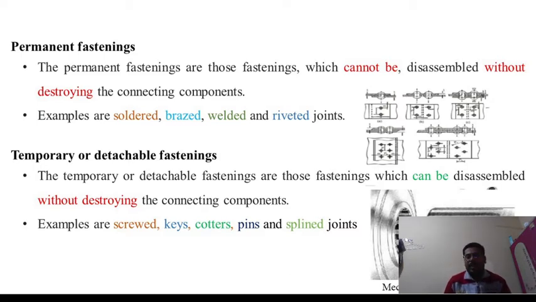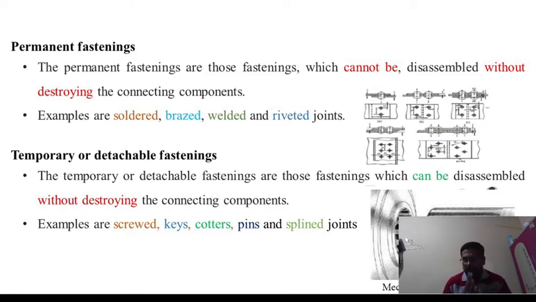These are the permanent joints. We cannot easily disassemble or detach them; they can only be broken down by breaking the materials. This is called permanent fastening.